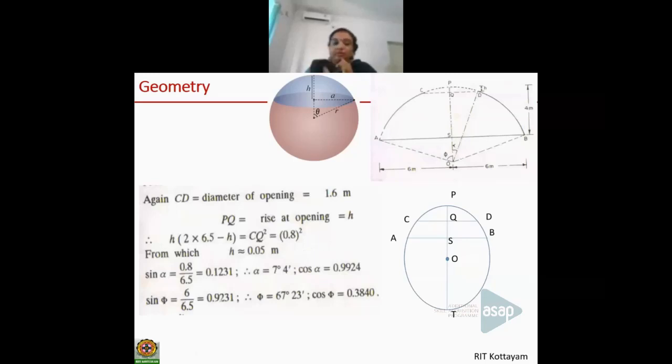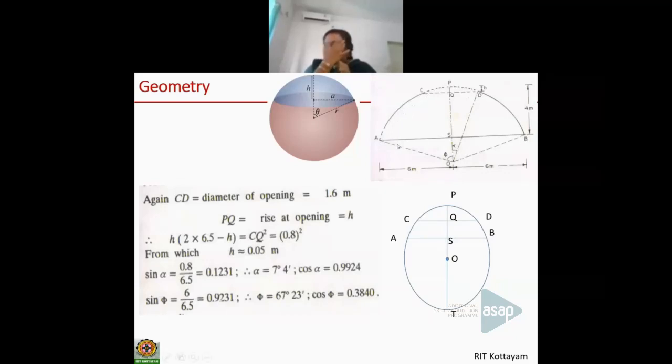So now what do you need? You have to find the values of alpha and phi. Why is this required? Because our dome is only from A to C and then C to B, right?